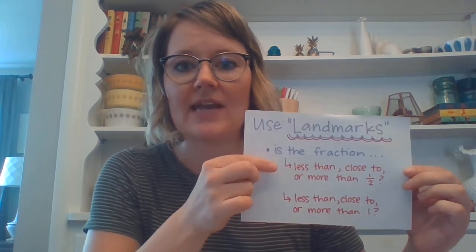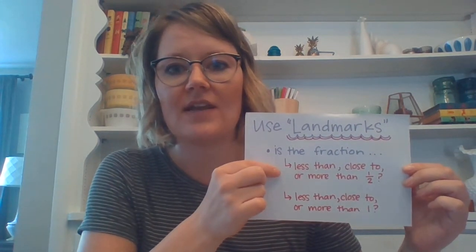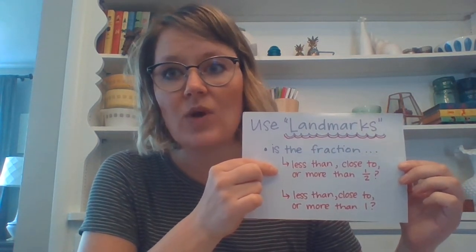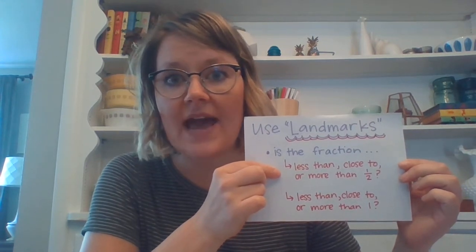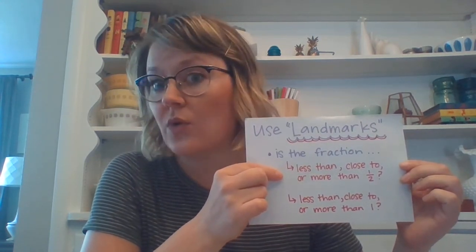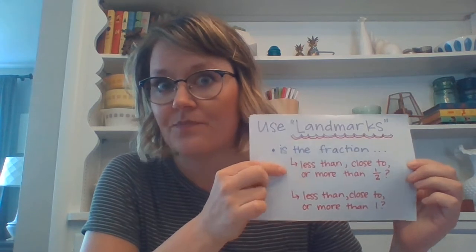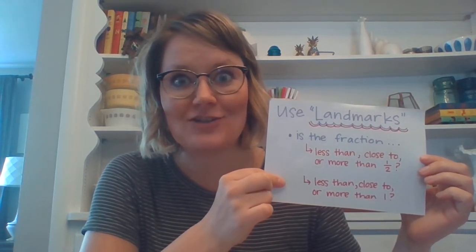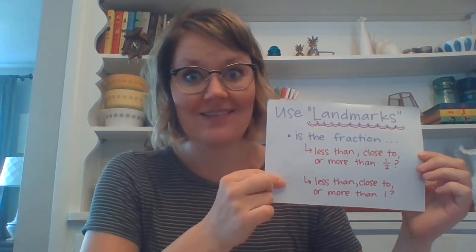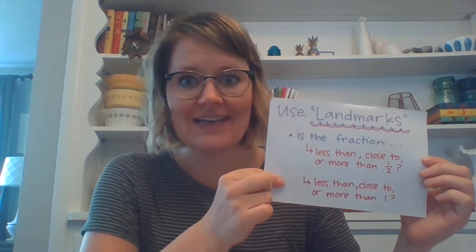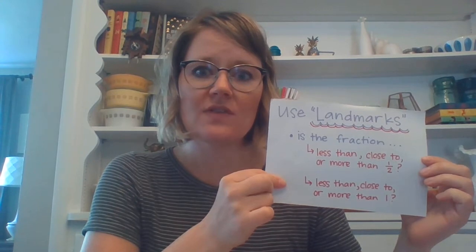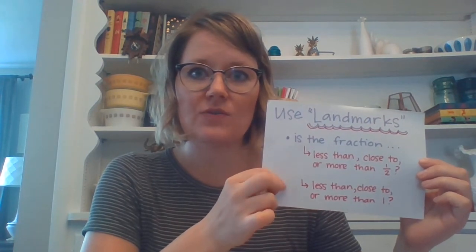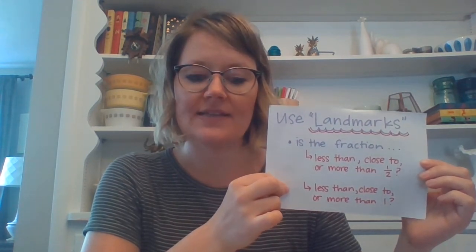So we can look at any fraction and think about if it is less than 1/2 or close to 1/2, maybe it's more than 1/2 or exactly 1/2. And we can do the same thing for comparing it to 1. Is the fraction more than 1, less than 1, close to 1? Those landmark numbers will help us have close estimates.